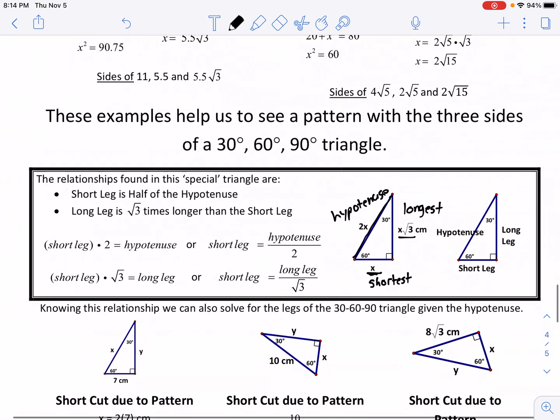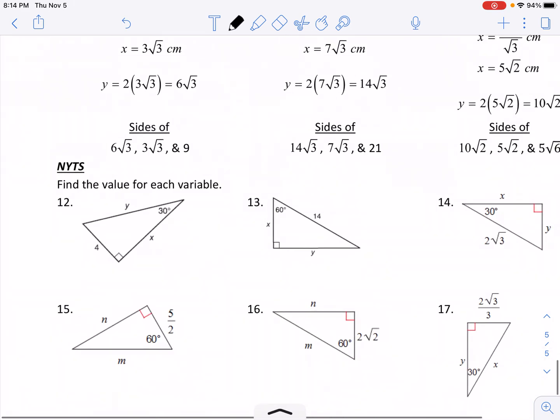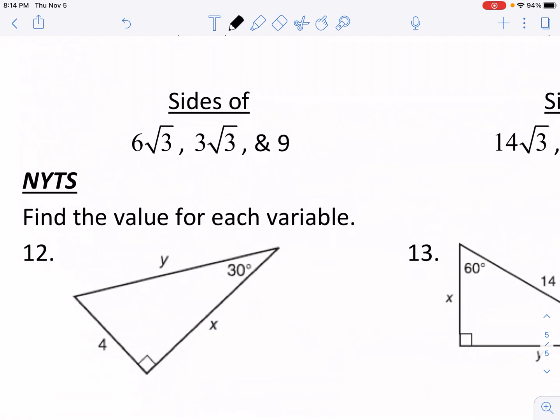Okay, so using that then, let's look at this example down here. Maybe number 12. And in that example, they're telling us that our shortest leg, which we can think of as that x value, is 4. Well, the hypotenuse would be 2 times 4. So y over here would be 2 times 4, which is 8.